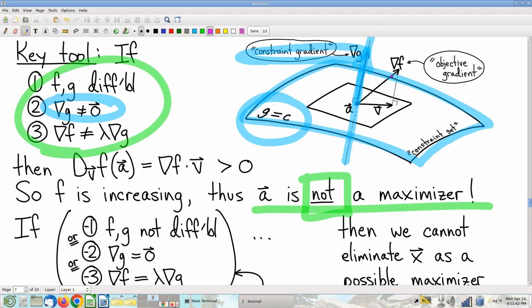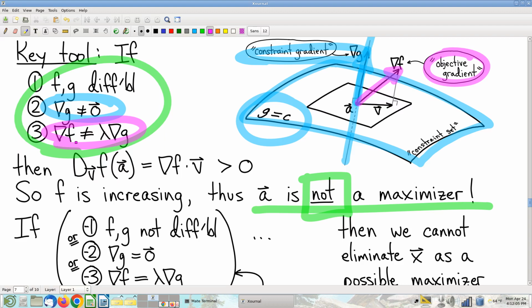If my objective gradient is off-axis, like so, in other words, if it's not a multiple of my constraint gradient, well, this is clearly not a maximum. At a glance, there's no way that this is the biggest value of the function. The function is getting bigger as I go in this direction. The gradient of f is leaning this way.